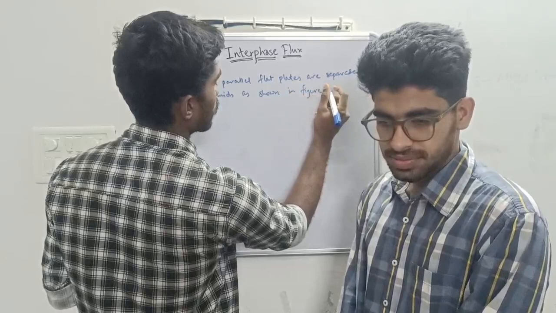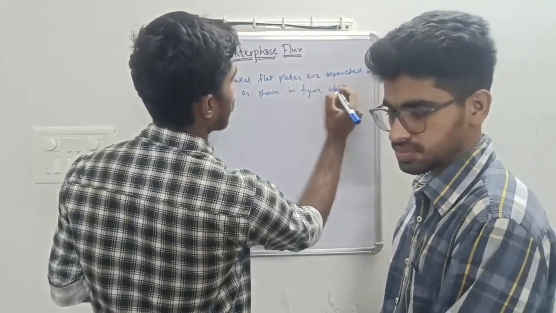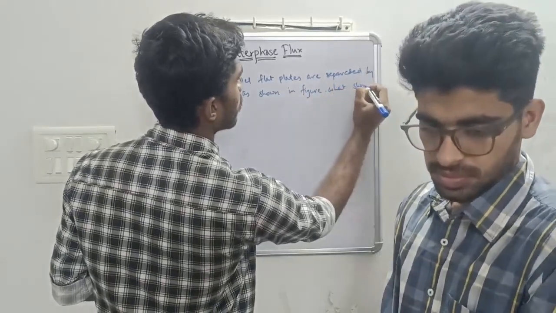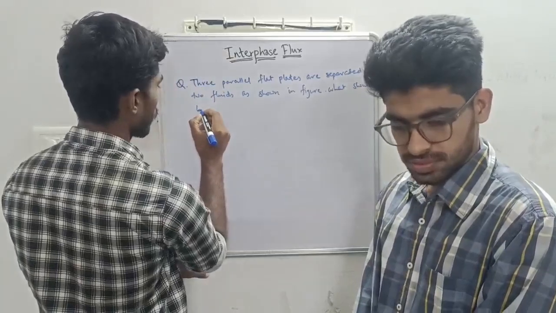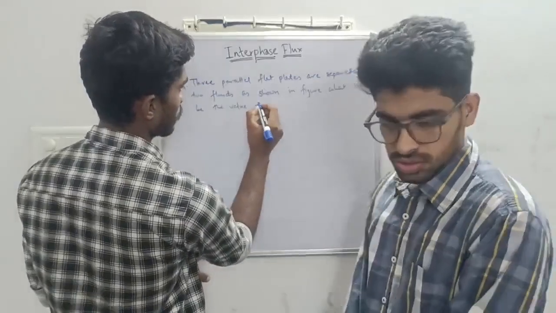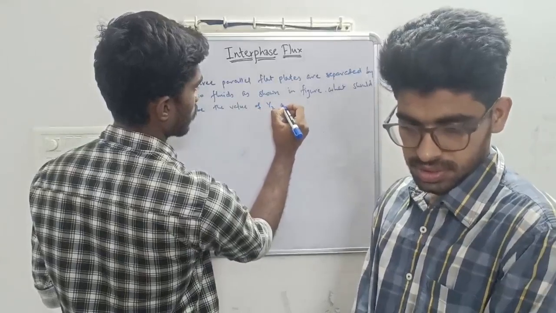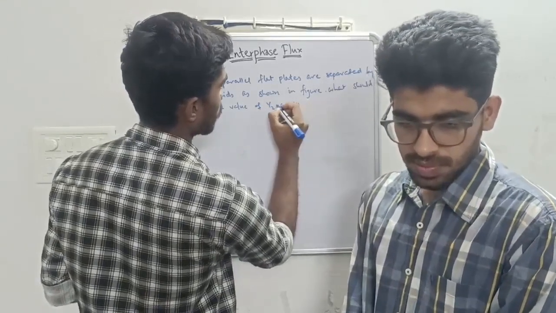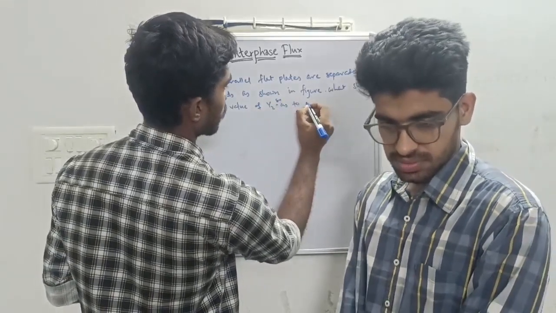What should be the value of Y2 so as to keep the plate in the middle stationary?